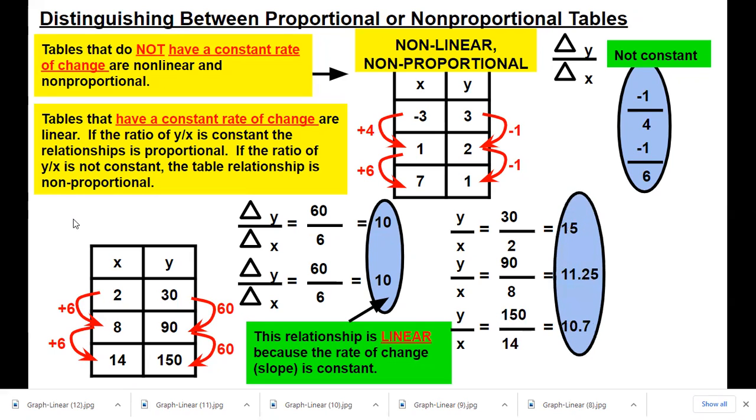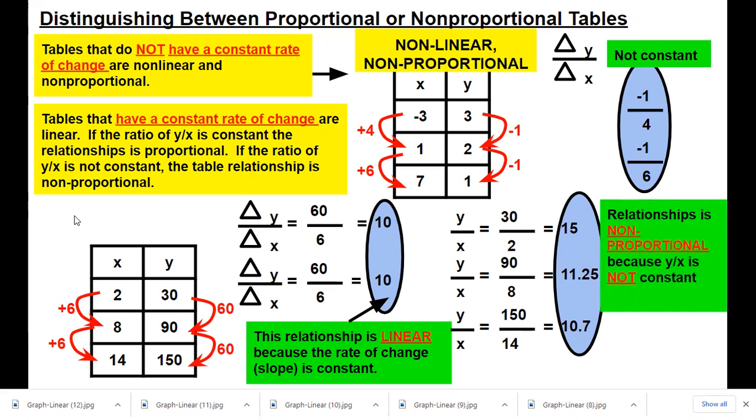Notice those numbers are not the same. So we have a non-proportional situation. So when y over x is not constant, we have a non-proportional situation. So this table is linear, but it's non-proportional. If it was written in an equation format, it would have a b. If it was written in a graph format, it would not be at 0, 0.